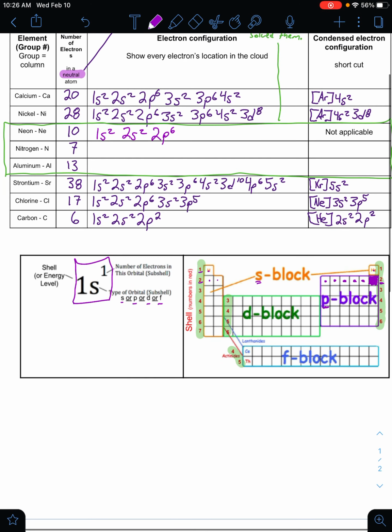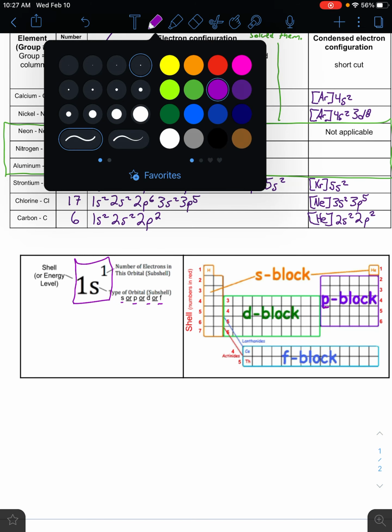Next up is nitrogen. I'm going to erase my little scribbles from my chart over here. And I'm going to find nitrogen on there. Nitrogen is going to be right here if you look at a larger version of this. And what do we have? I'm going to try coloring that differently.